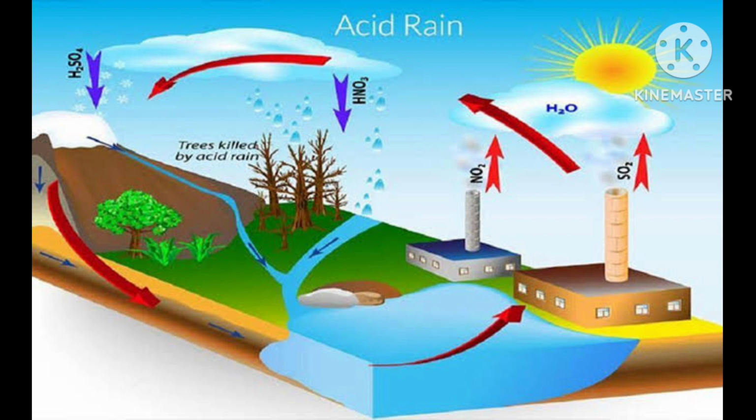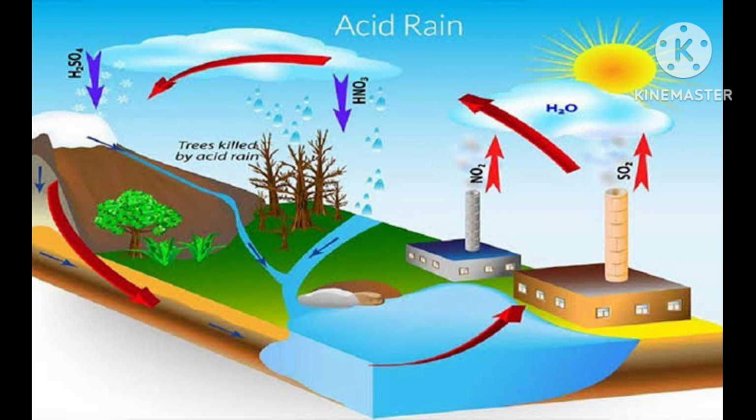Nitrogen gas, N2, with its triple bond, is actually very strong, but due to the high temperature in the atmosphere, it breaks. Nitrogen will break into N, and then quickly it will react with oxygen.